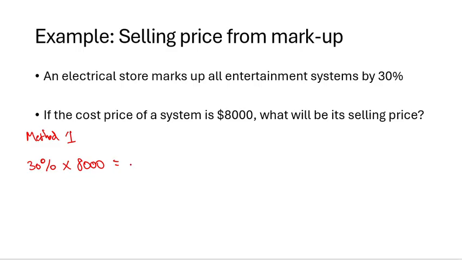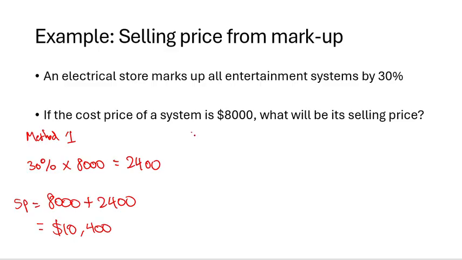Same answer. So I found this to be 2,400. And then I'm going to find the new price by adding it to its original price. So that will end up being $10,400.